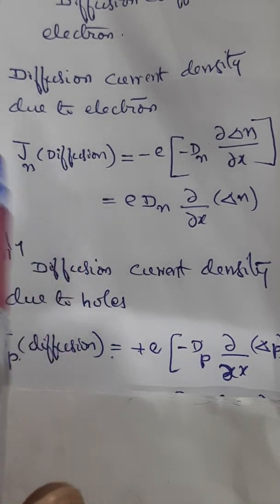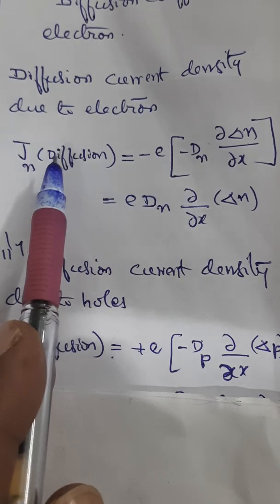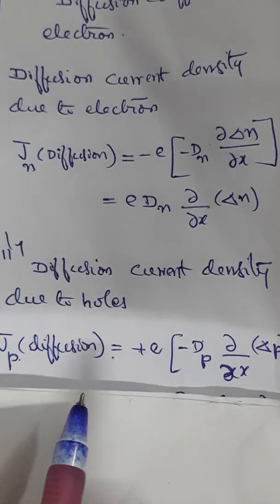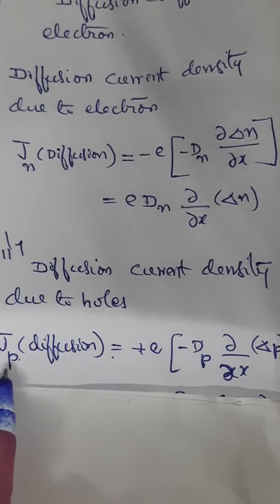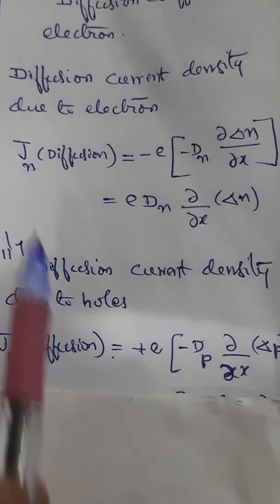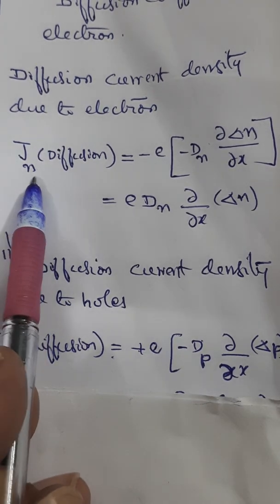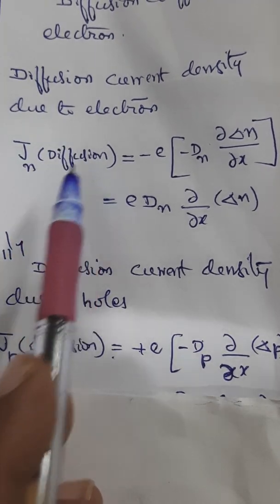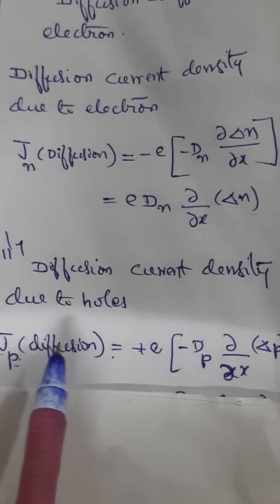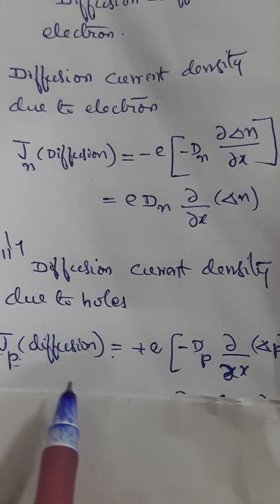Now we are seeing J diffusion due to electrons, and similarly J diffusion due to holes. That means Jn drift and Jn diffusion are different, and Jp drift and Jp diffusion are different. You have to be very clear.